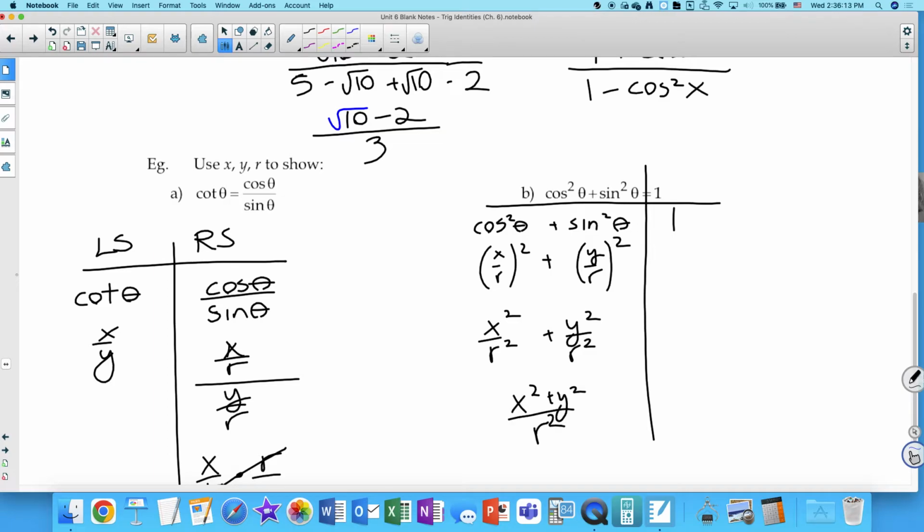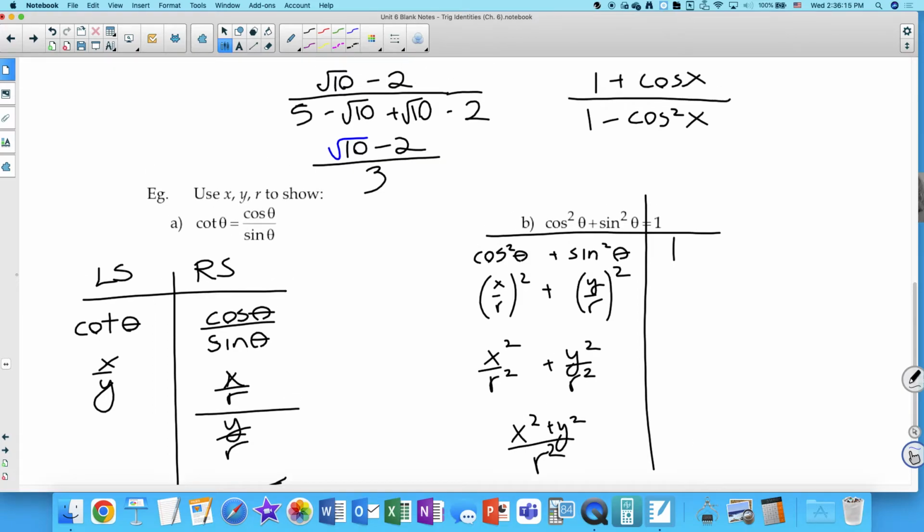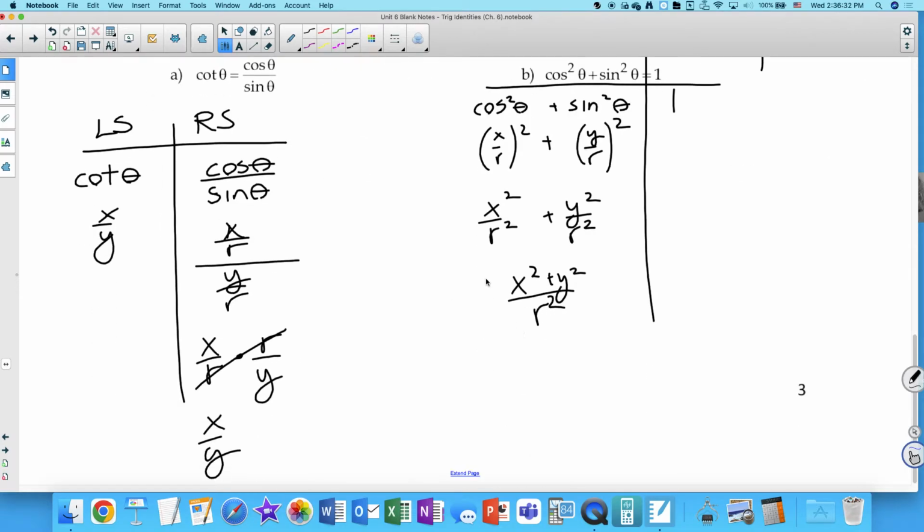Okay, now think about that little triangle, x, y, and r. What is x squared plus y squared? R squared. So the numerator, x squared plus y squared, is r squared. So I can do a substitution there. This is r squared over r squared.